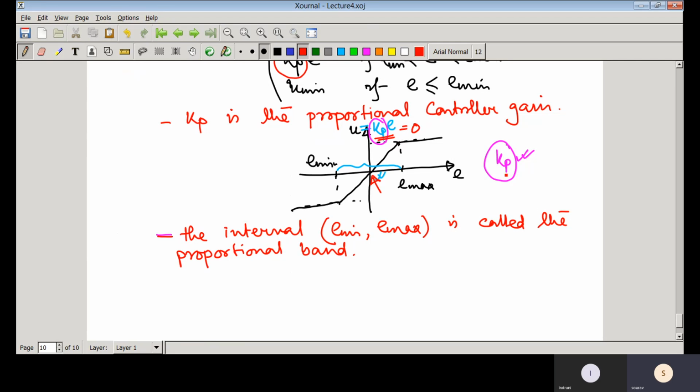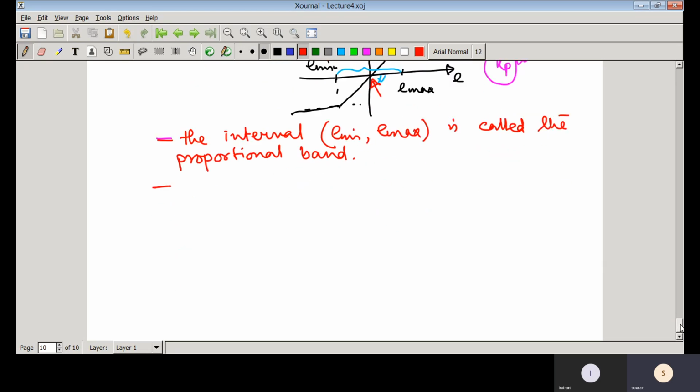So when control input equals 0, immediately the control variable will be shifted from the desired value, and whenever the control variable shifts from the desired value, we would not achieve the tracking performance. That is a big disadvantage of the proportional controller. In case of proportional controller, we cannot achieve perfect tracking performance.